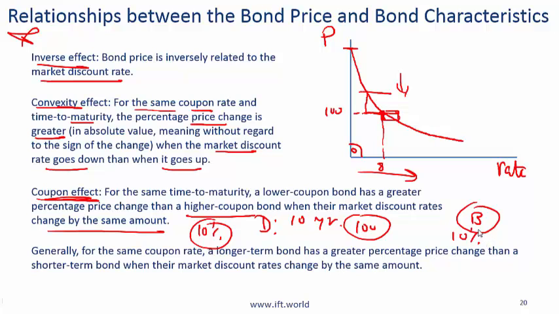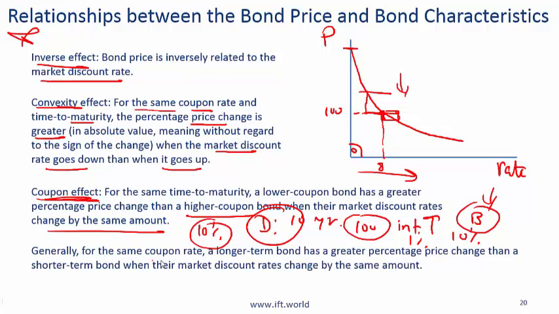I'm not going to do the numbers here, but if you compare these two bonds, one with as low a coupon as you can get, which is 0 coupon, and the other with a 10% coupon, if interest rates change, let's say the interest rate goes up by 1%, then the percentage change in price of bond D will be much more than the percentage change in price of bond B. So this is called the coupon effect. When the coupon rate is higher, the sensitivity to changes in interest rate becomes lower.